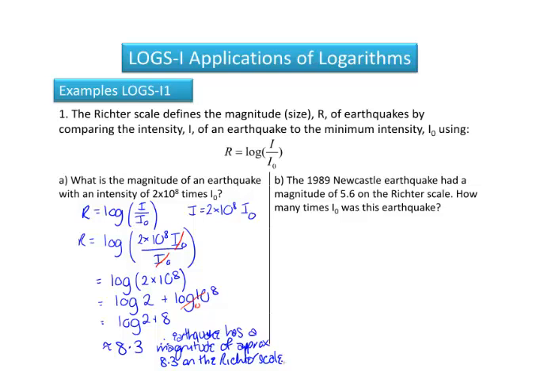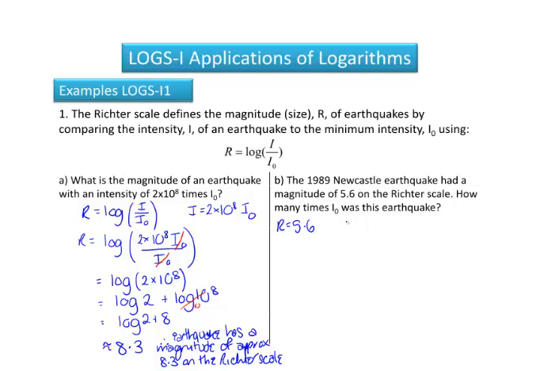The 1989 Newcastle earthquake had a magnitude of 5.6 on the Richter scale. How many times I base 0 was this earthquake? In this case it's telling me that R equals 5.6.